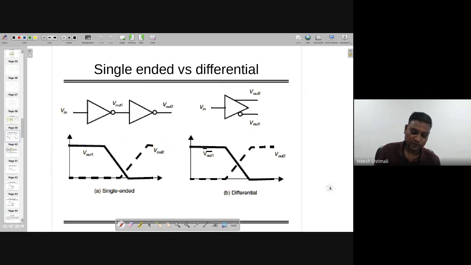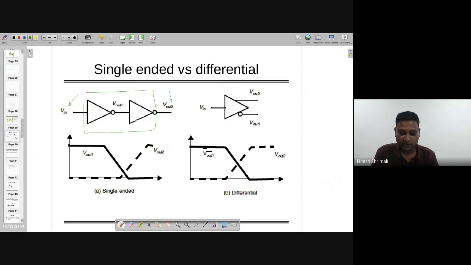Now, as I told you already, single-ended versus differential. Single-ended is the one when you have one input and one output. Let's assume that this is a black box inside which both the inverters are kept.